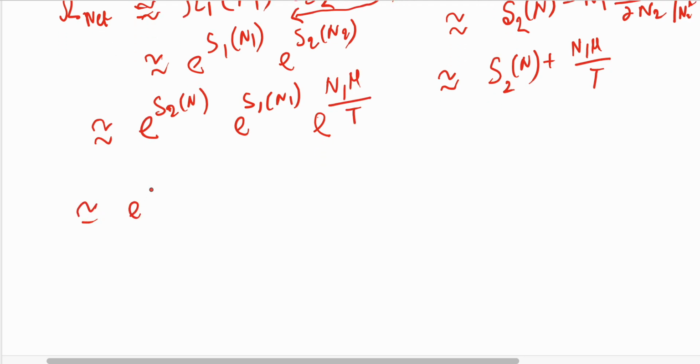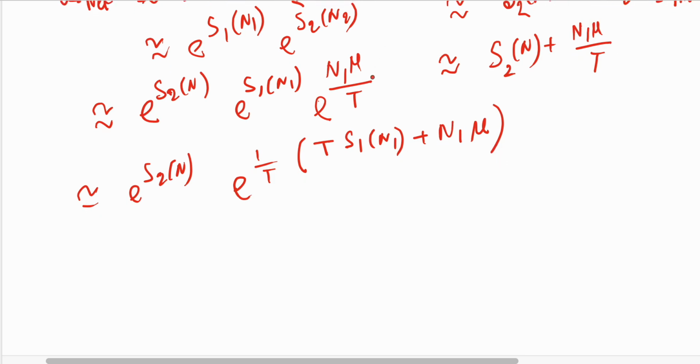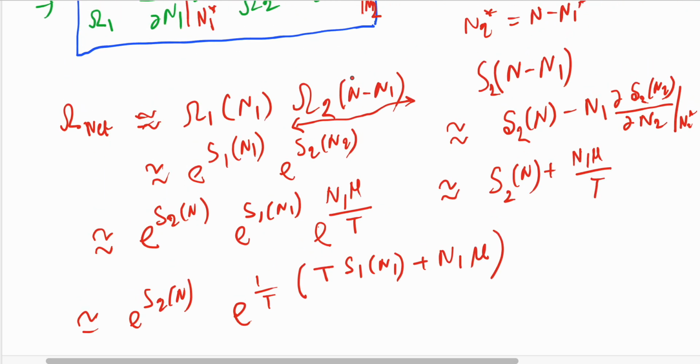Again, you can write it as e to the power 1 by t, times t s1 of n1 plus n1 mu, right.